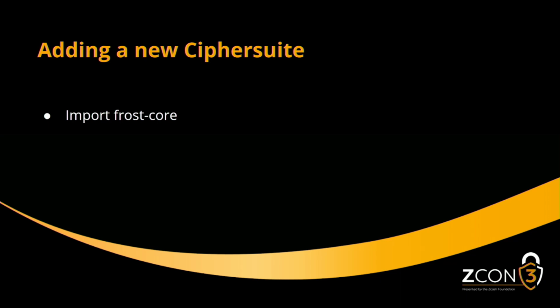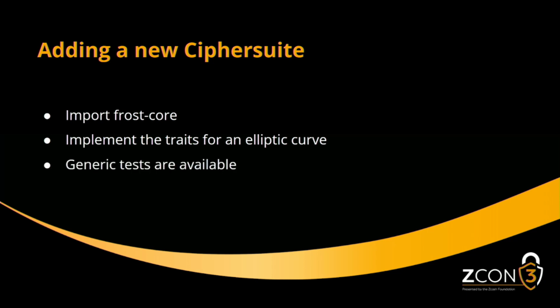So the way you do this, you import Frost core, you implement these traits, and there's about 3 of them for an elliptic curve, for a hash function, and the high-level Ciphersuite that kind of wraps them all together. We expose generic tests and generic batch math for testing your concrete implementation when you have done it.